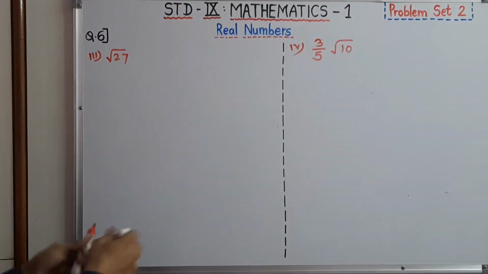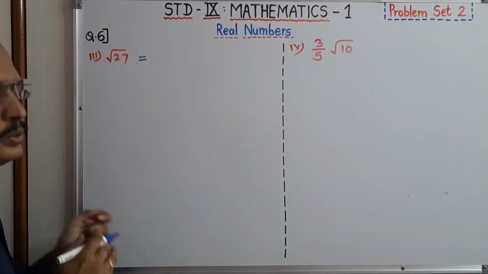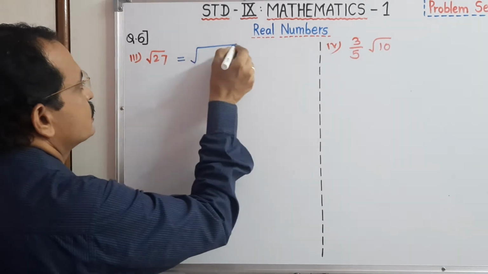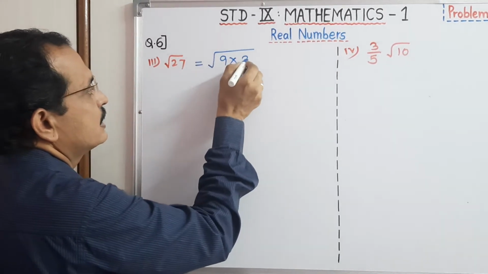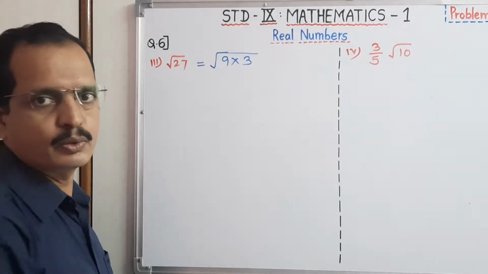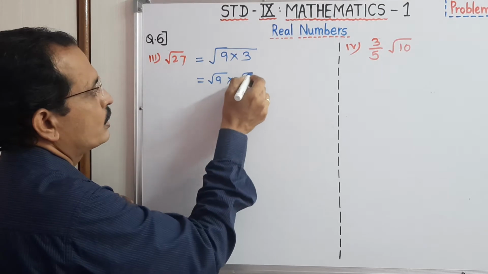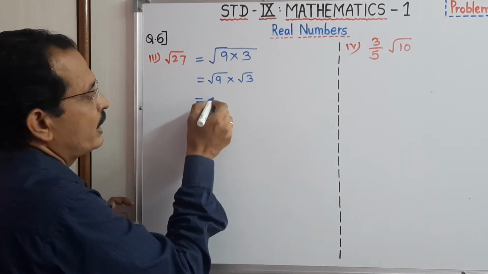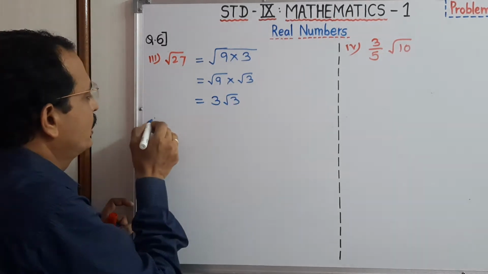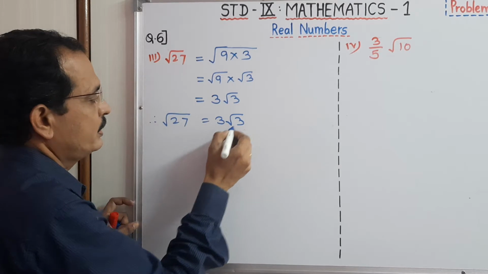Dear student, see here, order is 2 for 27. Now tell me the factors of 27. It is 9 3s, isn't it? Yes, correct. It is root 9 into 3, root 9 into root 3, square root of 9 is 3, so 3 root 3. Therefore we write here root 27 is equal to 3 root 3.